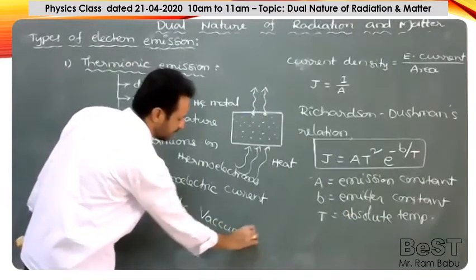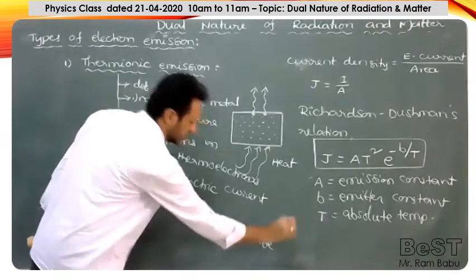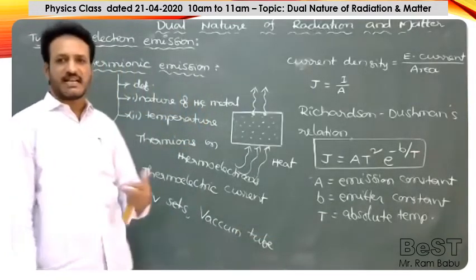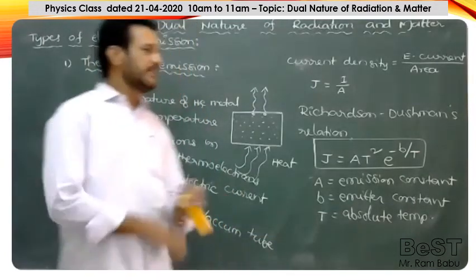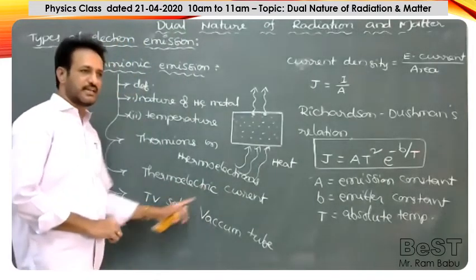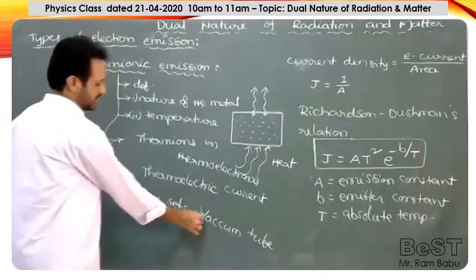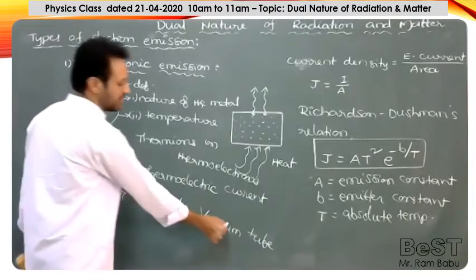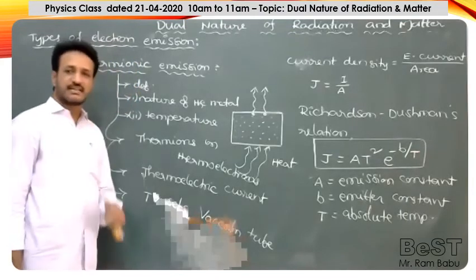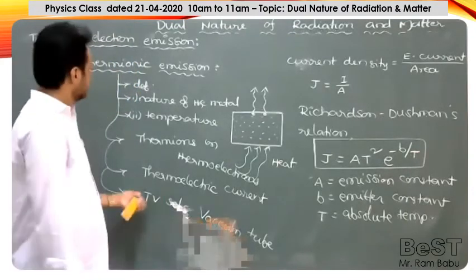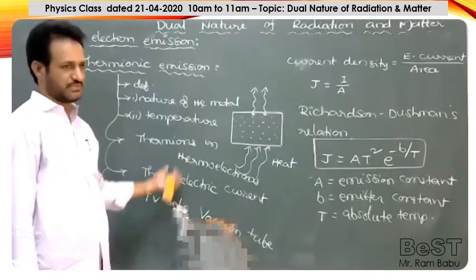In a vacuum tube, if you want to generate electrons from the cathode, we can heat the metal. In that heated metal, electrons are emitted in the vacuum tube. So TV sets, vacuum tubes and electron microscopes use thermionic emission.